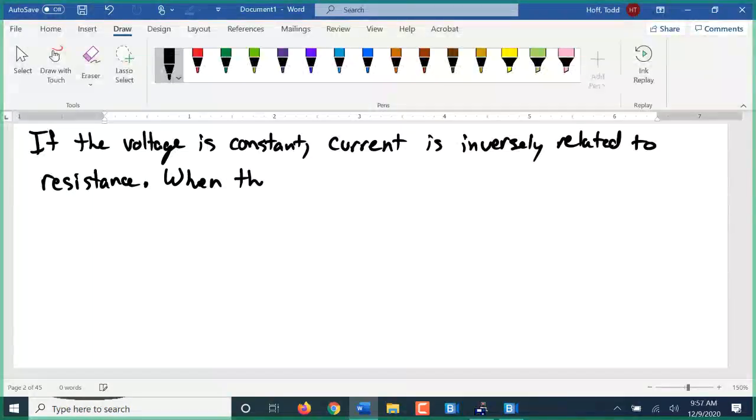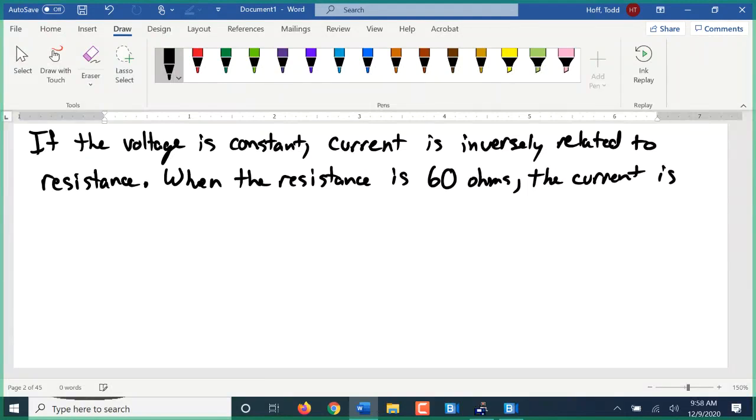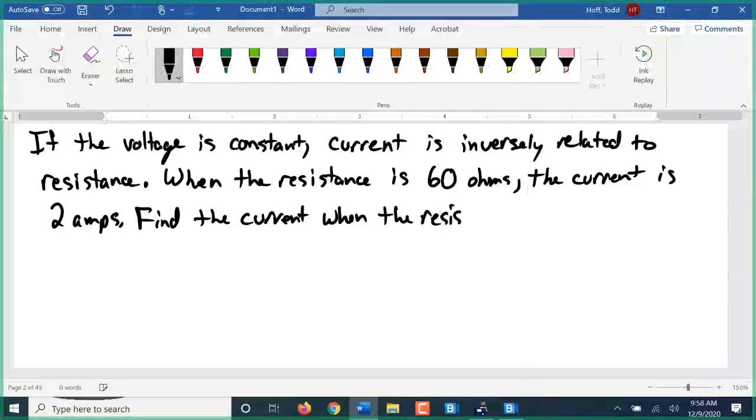When the resistance is 60 ohms, current is 2 amps. Find the current when the resistance is 40 ohms.